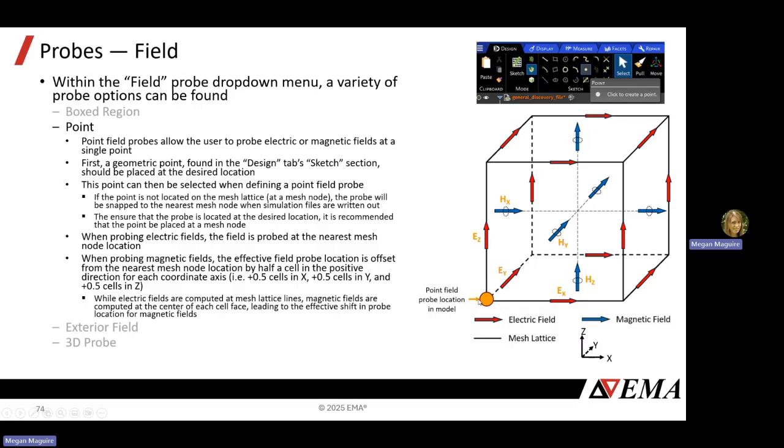If you're probing magnetic fields, then it's at the center of those lattice faces in the positive direction. So let's say I want to probe the X component of the H field. My probe will look like it's at this corner in the mesh, but it's actually probing in the half cell in the positive Y direction and a half cell in the positive Z direction. So that's one thing to keep in mind.